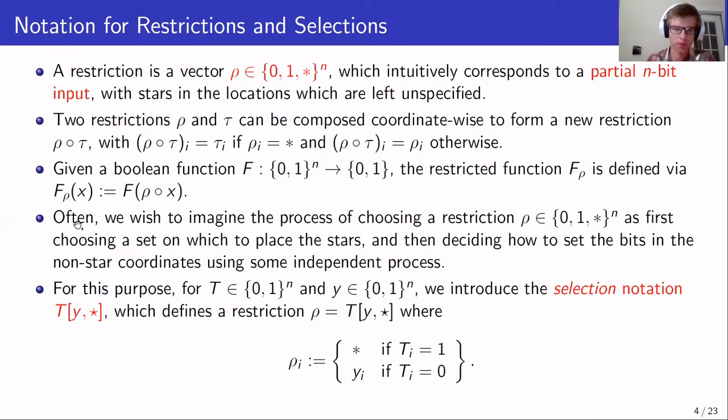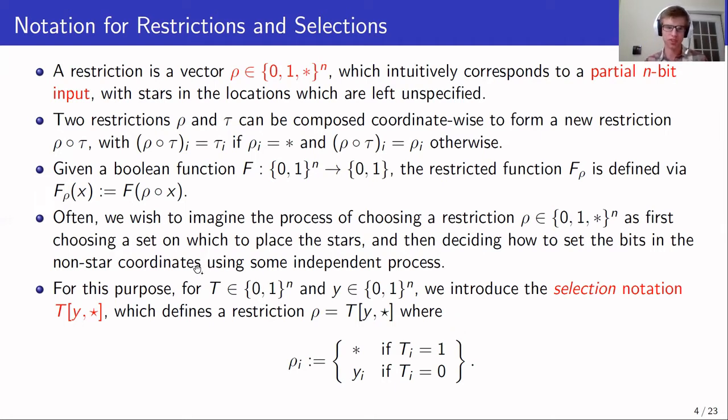Okay, so often we wish to, either mentally or actually when we create restrictions, separate the process of defining a restriction into two stages. One, where we decide up front where we're going to put all the stars. And then with some separate process, we decide how we're going to assign all the bits that are not stars.